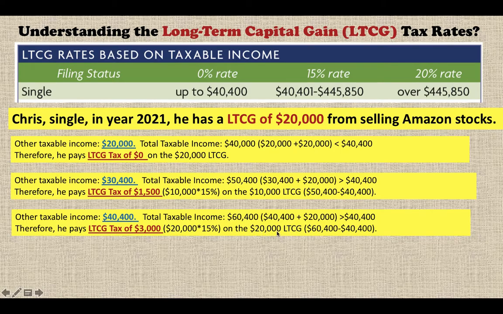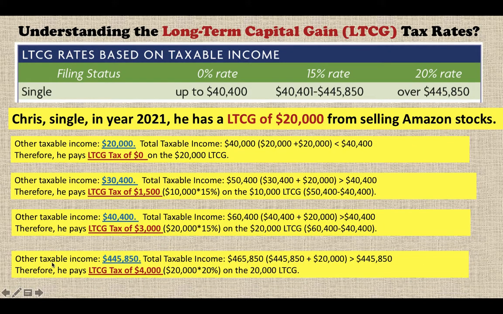This tells you that any excess over this dollar amount will be taxed at a 15% rate. So all the $20,000 long-term capital gain is subject to 15% tax, which gives you a long-term capital gain tax of $3,000.